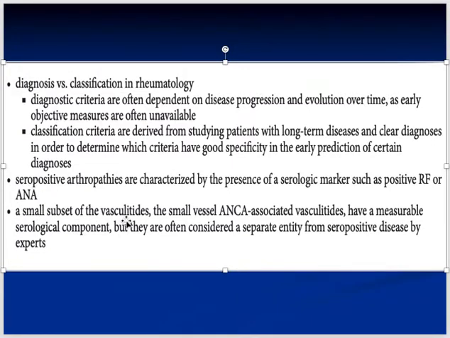A small subset of vasculitides, like the small vessel anti-neutrophilic cytoplasmic antibodies associated vasculitides, have a measurable serological component, but they are often considered a separate entity from seropositive disease by experts. So, we will discuss this one. What is Wegener's granulomatosis, or what is Churg-Strauss syndrome, or what is microangiopathic vasculitis.